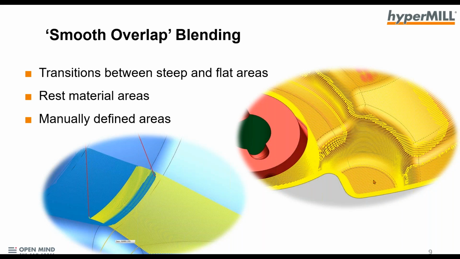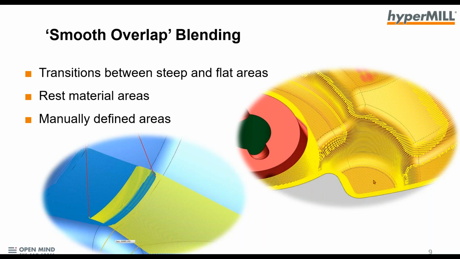However, we've got an option called smooth overlap function within hypermill, where the tool paths are all intelligently overlapped onto its neighboring tool path to remove these transition marks. You can not only set the tool to overlap the tool path, but you also have the option for the tool to overlap and gradually lift off the part at the intersection point.